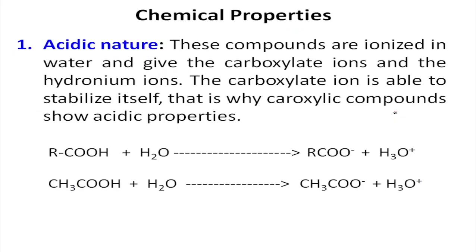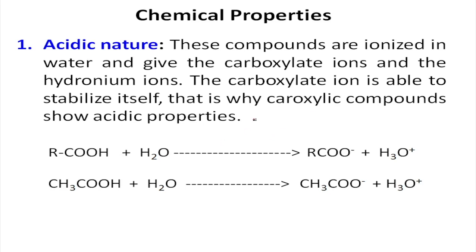Chemical properties are there. Number 1, acidic nature. The compounds are ionized in water and give the carboxylate ions and hydronium ions. The carboxylate ion is able to stabilize itself, and that is why carboxylic compounds show acidic properties.